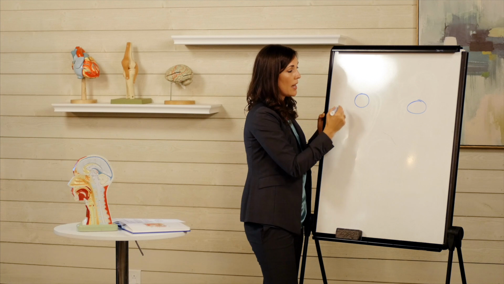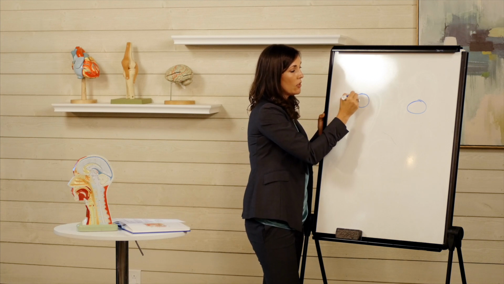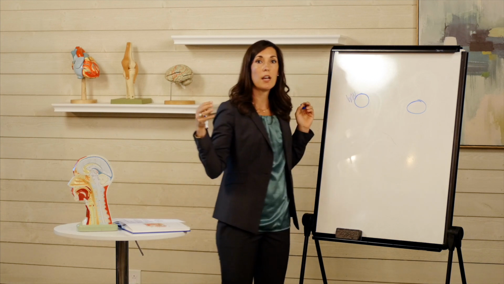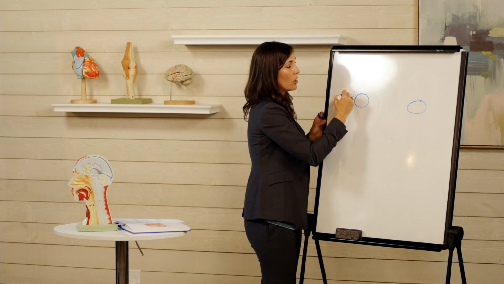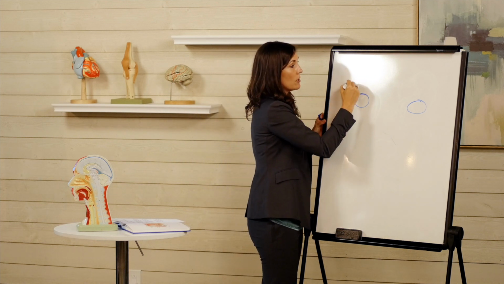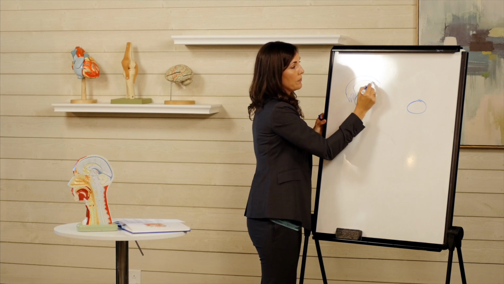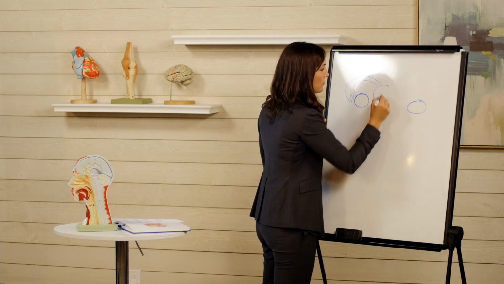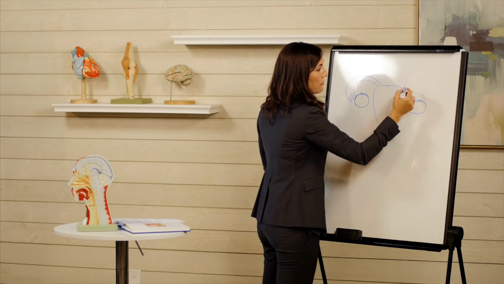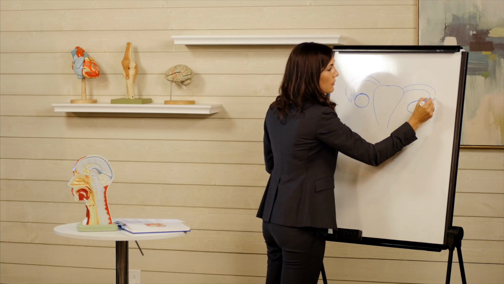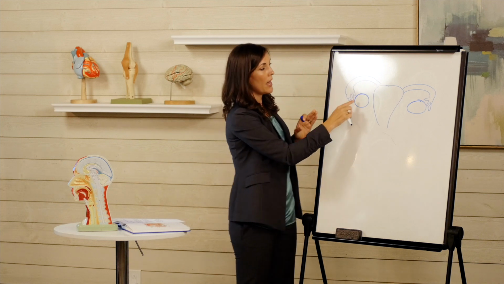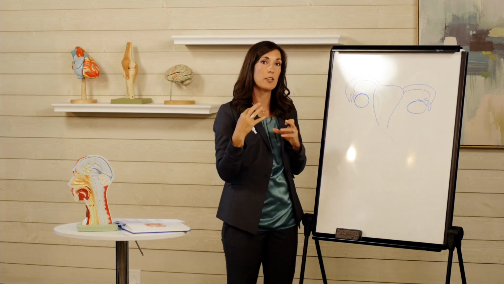When they release the egg, there are these little finger-like projections that come around the ovary, and these finger-like projections are called fimbriae, and they are attached to the fallopian tubes. Now, the fallopian tubes are where the egg is released. The fimbriae catch it.